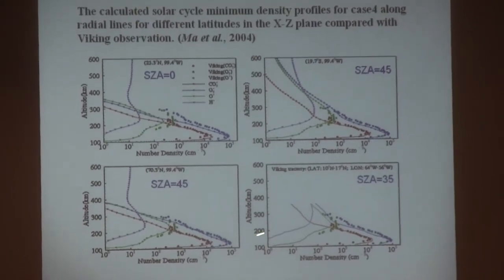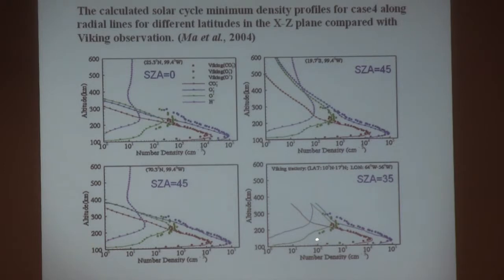Here, I'm showing the comparison along the Viking trajectory. The dotted lines are from the only in situ plasma measurements that we have to date, from Viking, and the solid lines are from the model result. As you can see, along the Viking trajectory, we get quite good agreement.